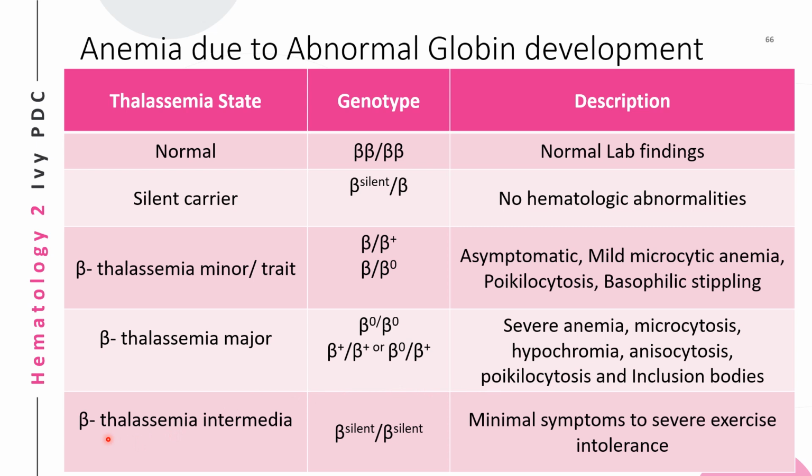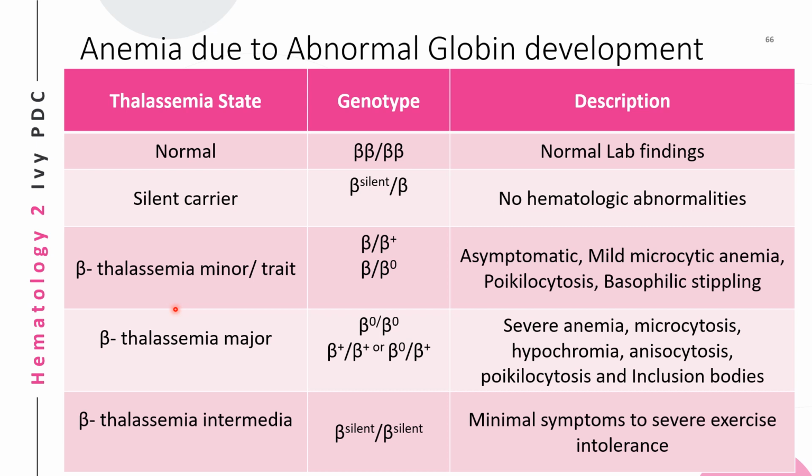The last type is beta thalassemia intermedia. This is a term used to describe anemia that is more severe than minor, but does not require the regular transfusion of the major. So beta thalassemia intermedia is a condition found in between the minor and the major.